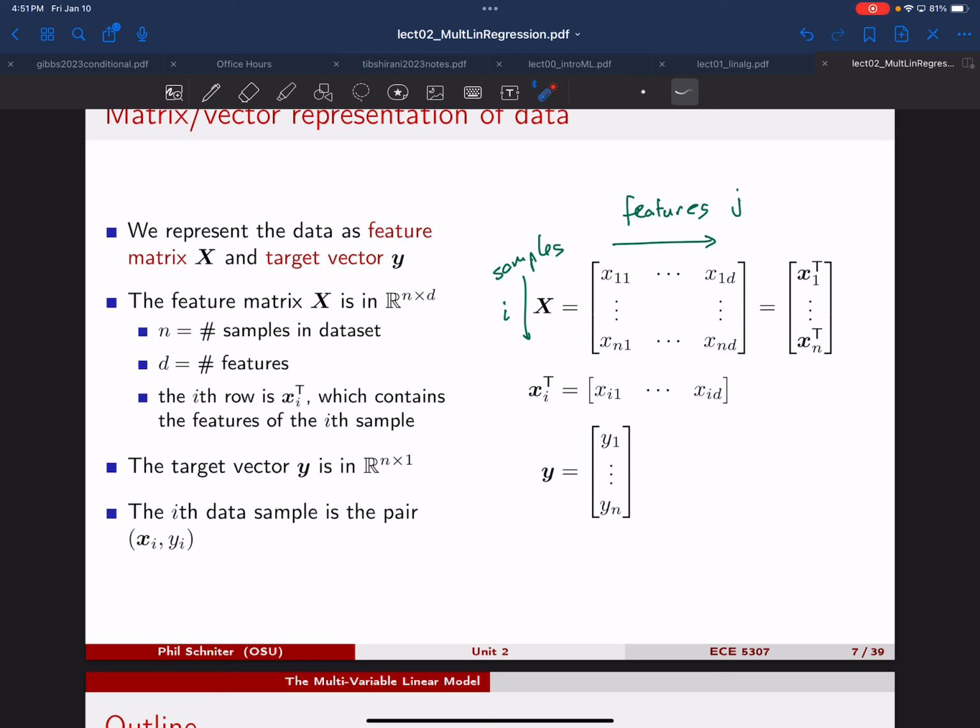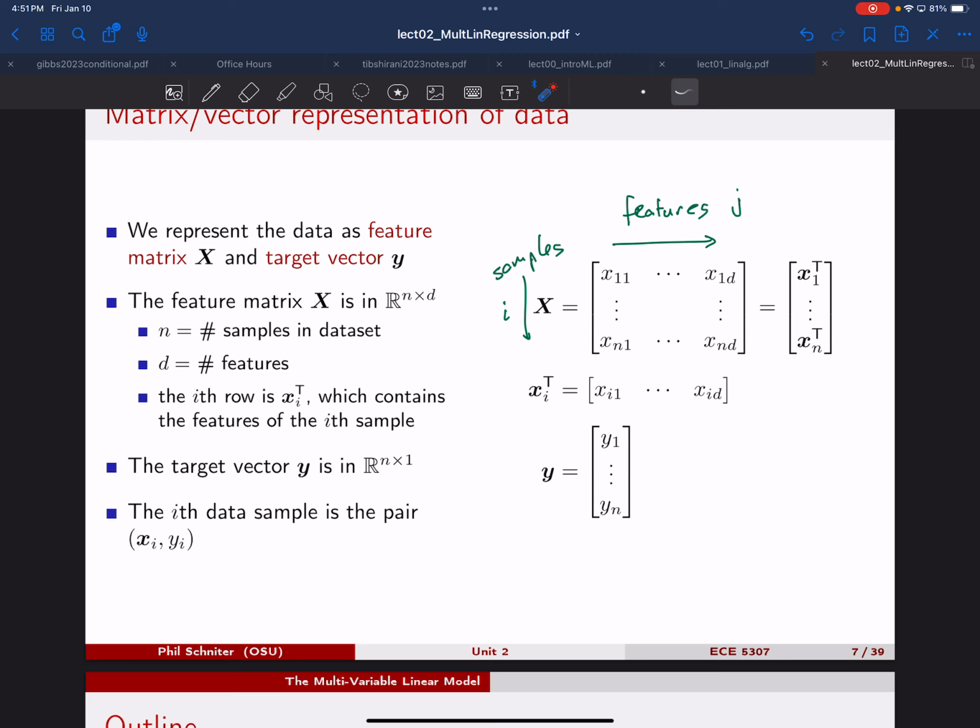For the targets, in this case, we just have one thing we're trying to predict, a simple scalar y, but we have many examples, n examples of it. So what I can do to be consistent with this is stack those samples or examples vertically, just like how I stack those vertically, into a vector y.